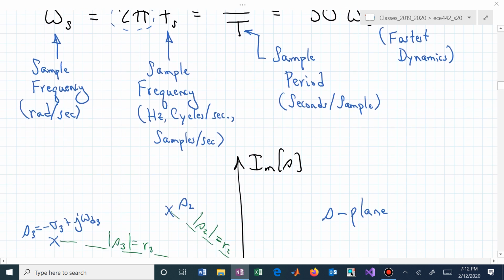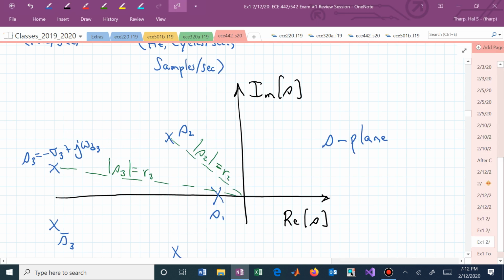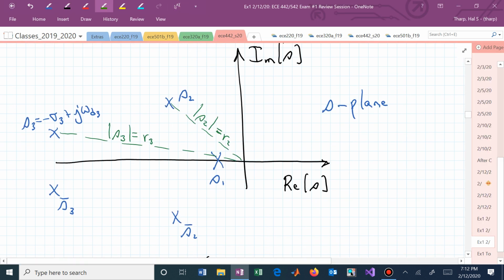Let's now connect that to, let's say I now give you an S-domain plane, and that plane now contains x's. Those x's represent poles. And this particular distance right here, this distance to the origin from the pole at S sub 1 is a distance R sub 1.